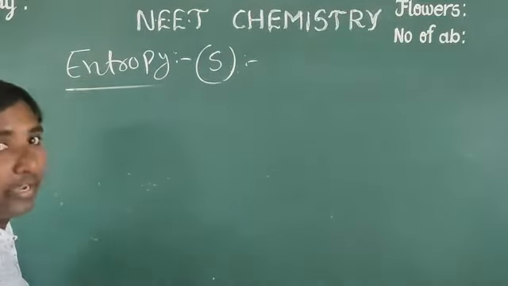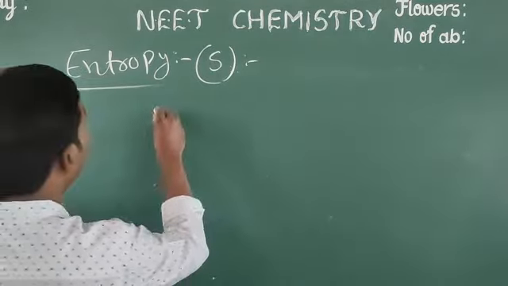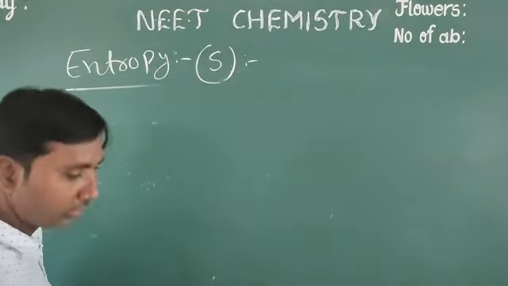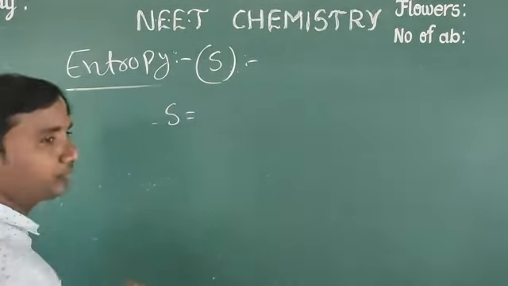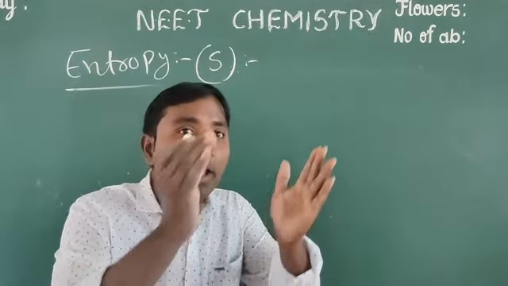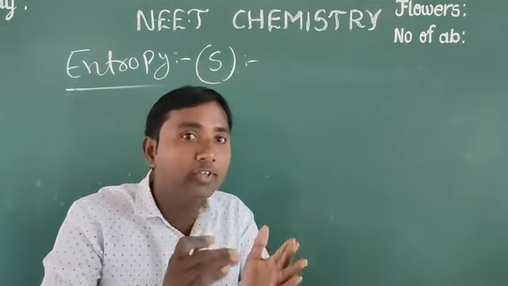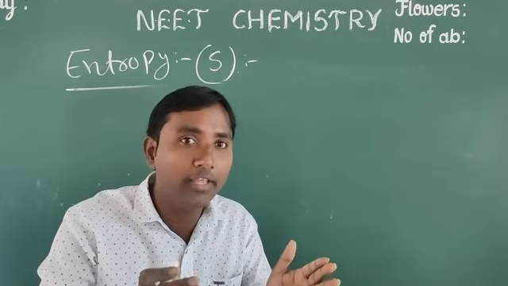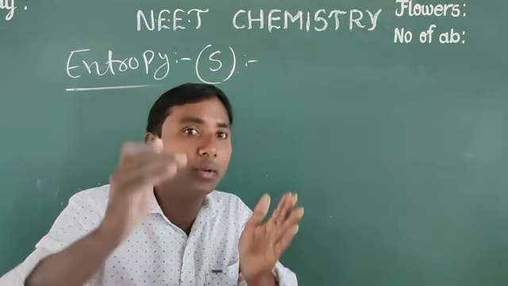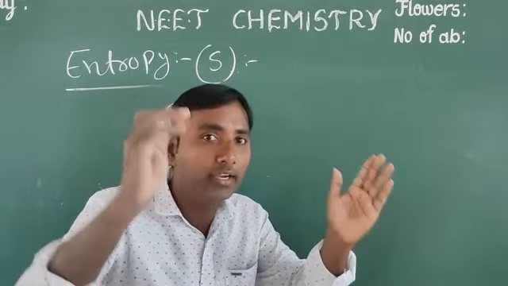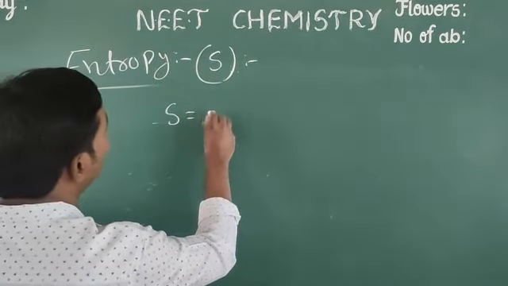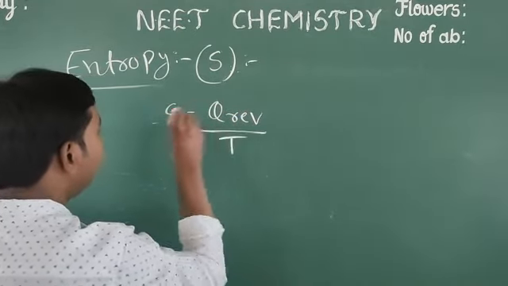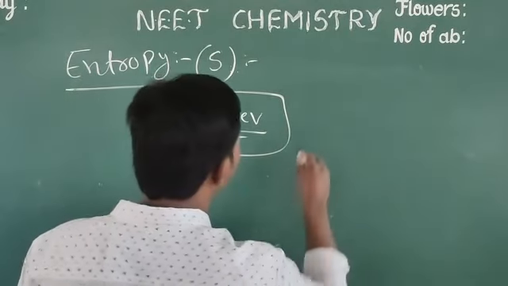Entropy equals the heat absorbed by the system in a reversible manner at temperature T. That's why entropy equals Q reversible by T. This is also called the change in entropy.